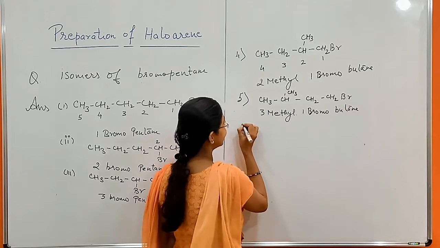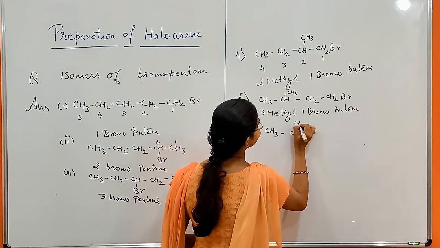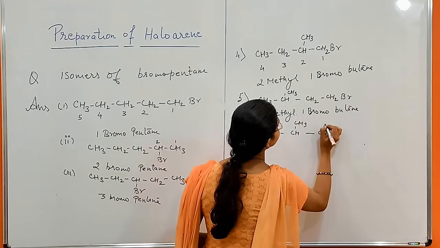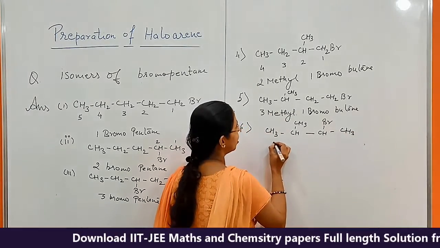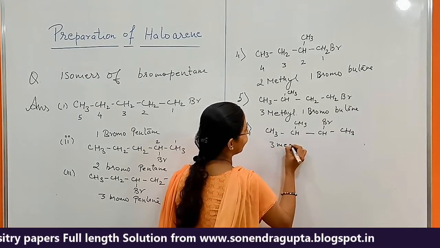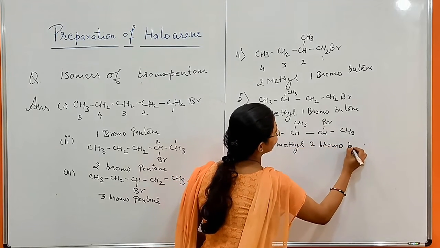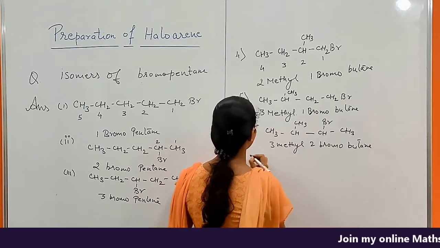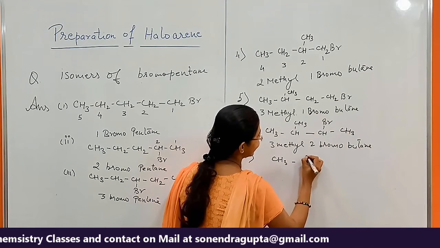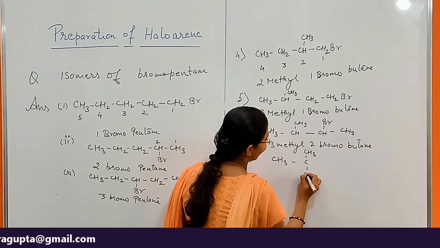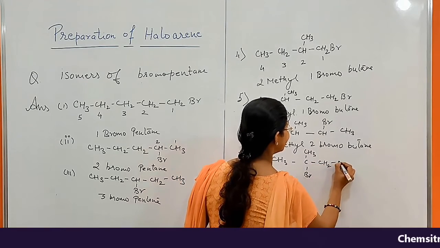Now next one is CH3CH(CH3)CHBrCH3. So this compound is 3-methyl-2-bromobutane. Now seventh one, CH3C(CH3)BrCH2CH3.